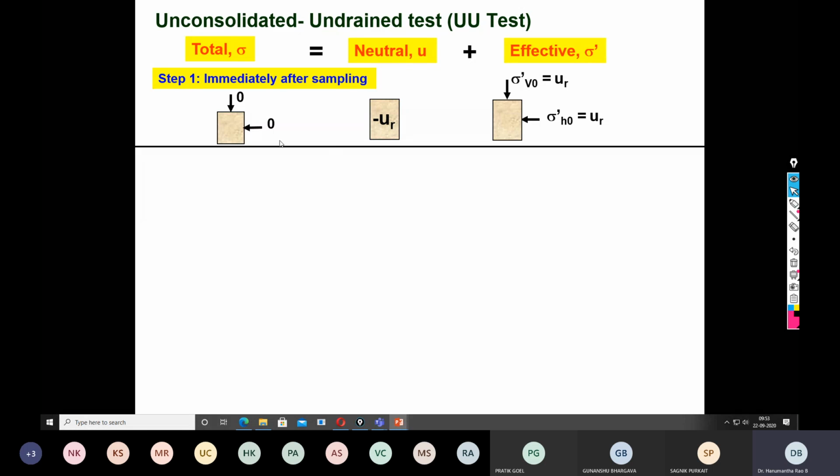So if you transform everything into total stress, sigma h dash or sigma v dash is nothing but the initially existing negative pore water pressure within the soil sample. This is most important in the case of the UU test.